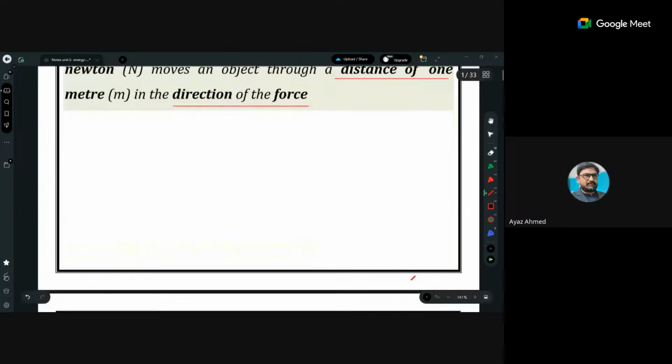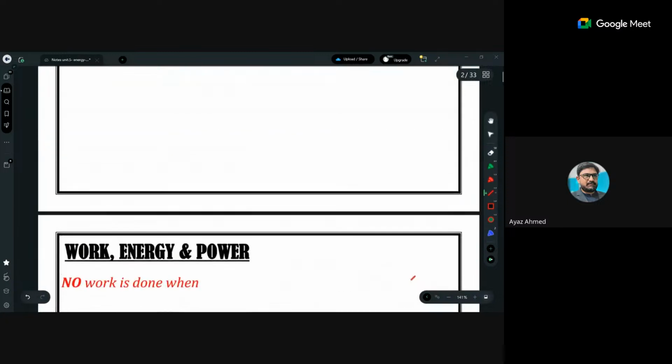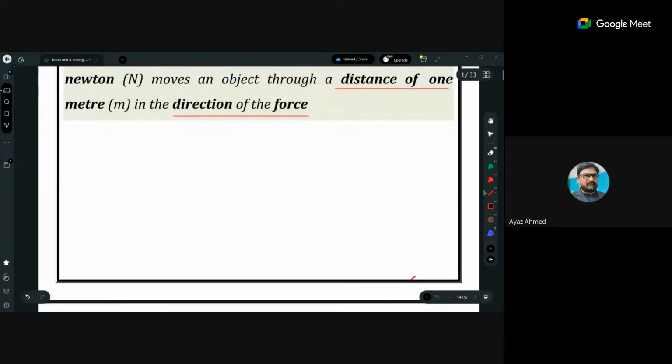So there would be some simple calculations coming from work. I think it is not complicated. You will be given some force, for example 50 Newton force is applied to drive a body through 3 meters. Then you can simply have the work equals 150 joules, right?